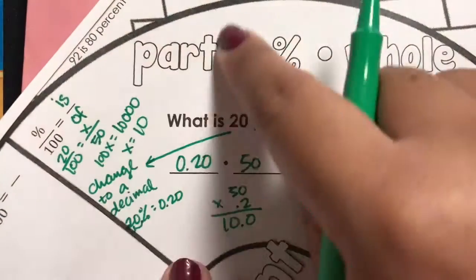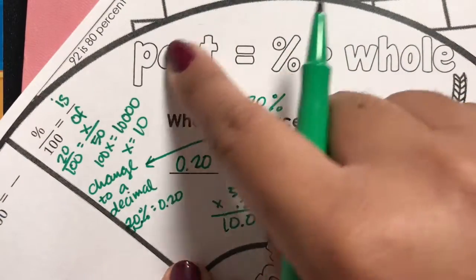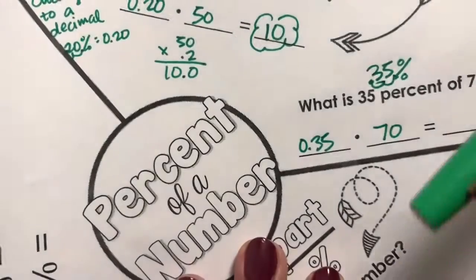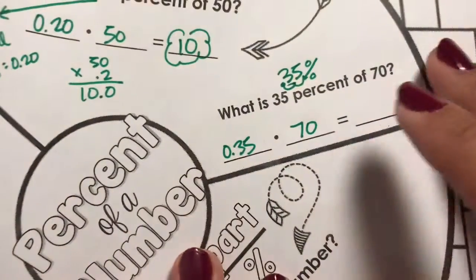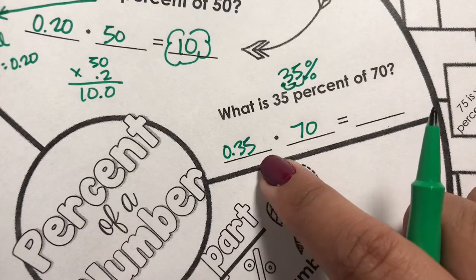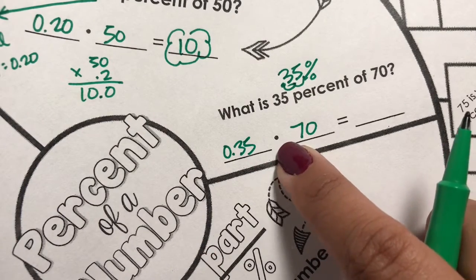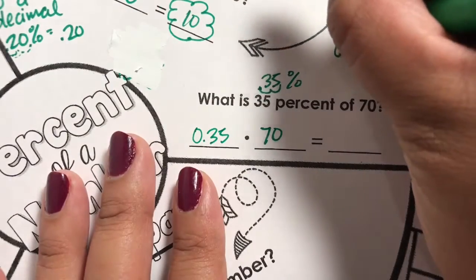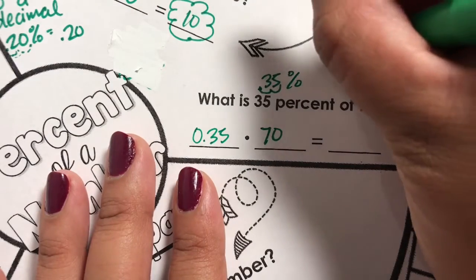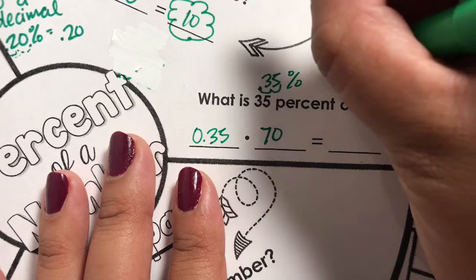We're trying to figure out the part. We're trying to see what the part equals, okay? Because part of 70 is 35%. Okay, so 0 and 35 hundredths times 70.